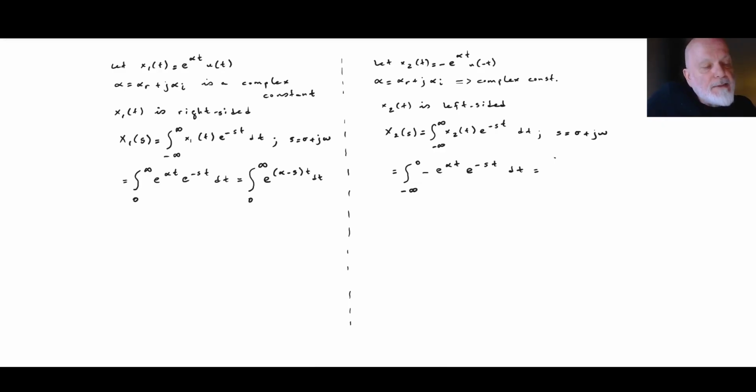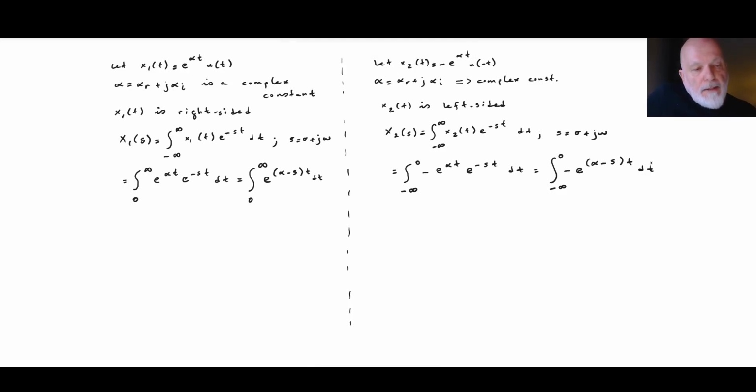Similarly, this one is from minus infinity to 0 of minus e to, again, (alpha minus s) t integrated with respect to t.